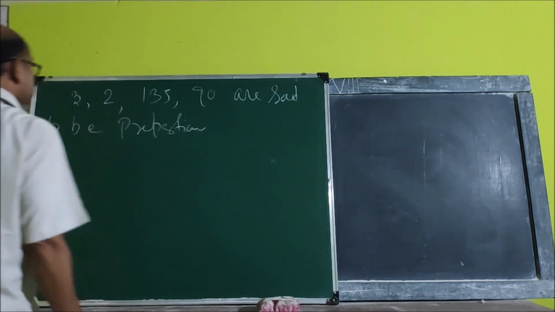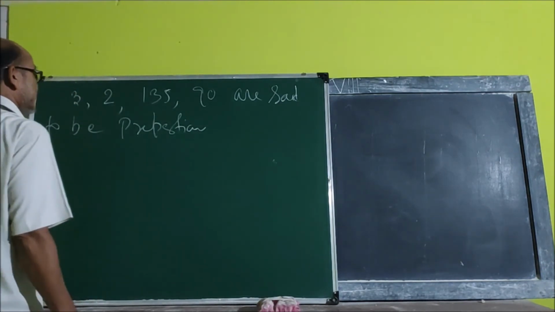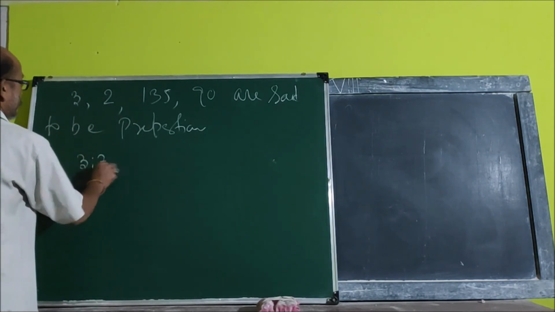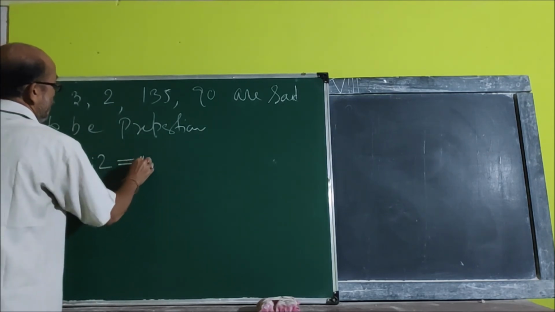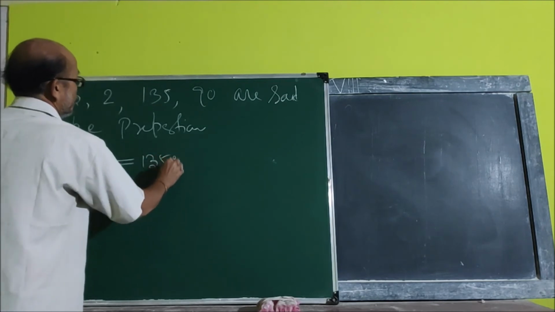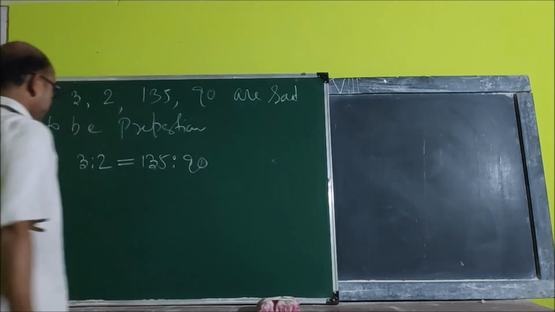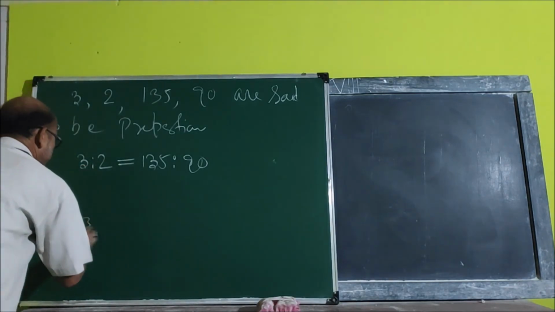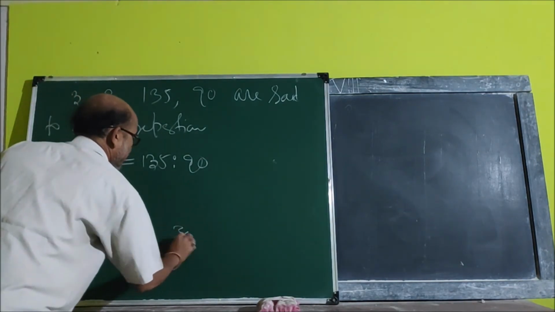Here you see, this can be written as 3 is to 2 equal to 135 is to 90. Already, that is equal to 3 by 2, and that is equal to 3 by 2.